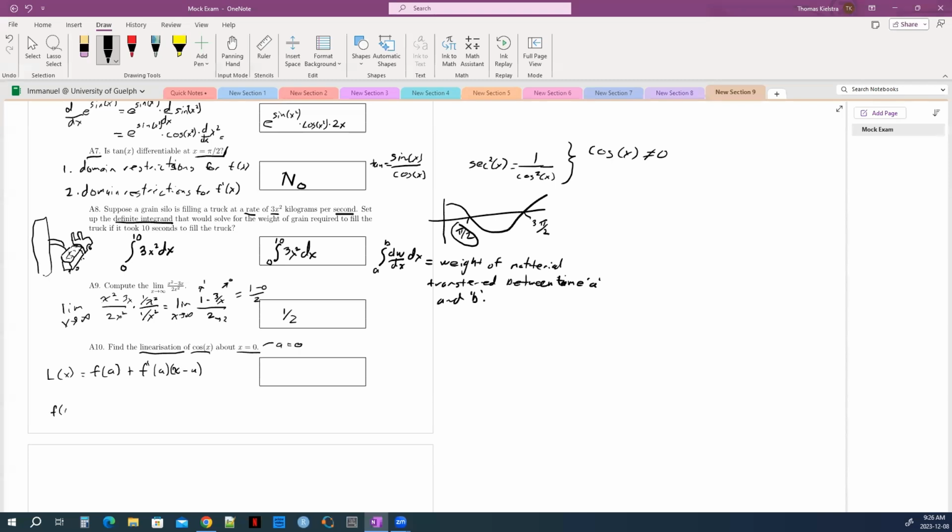So f of x equals cos of x, f prime of x equals minus sine of x, f of 0 is equal to cos of 0, which equals 1, and f prime of 0 equals minus sine of 0, which equals 0.